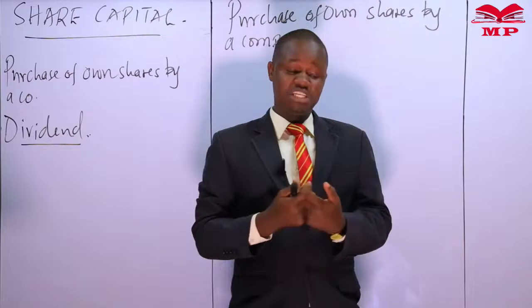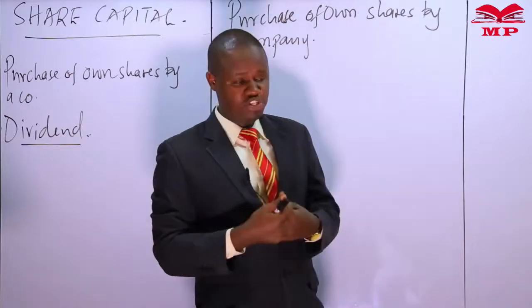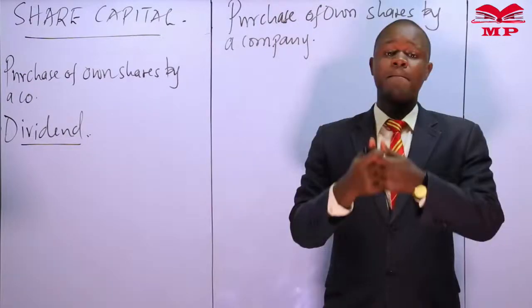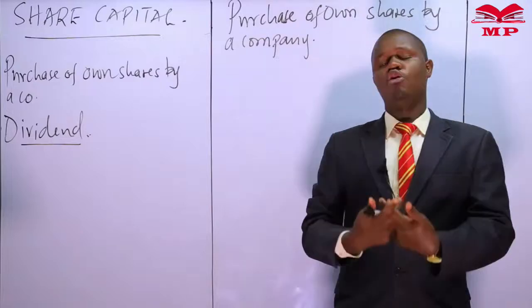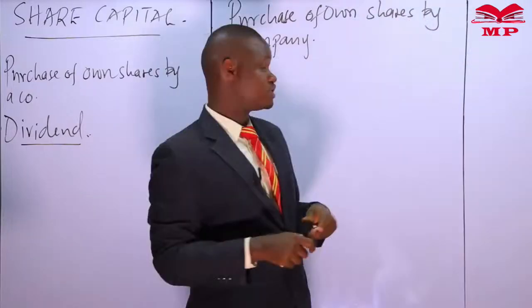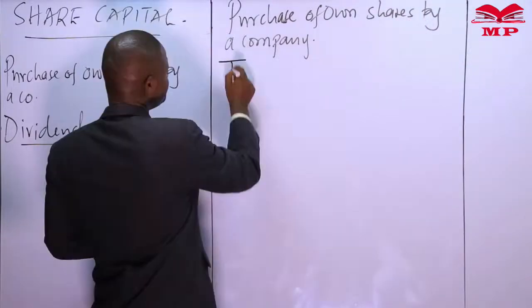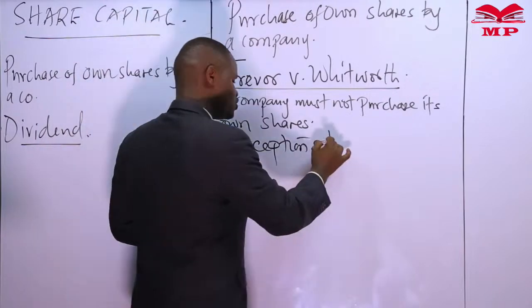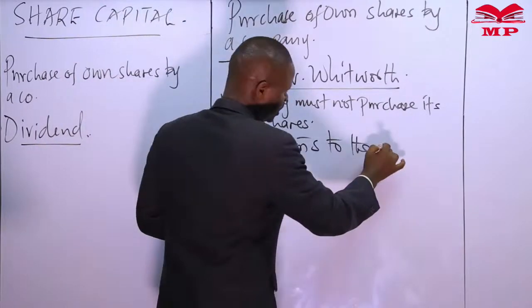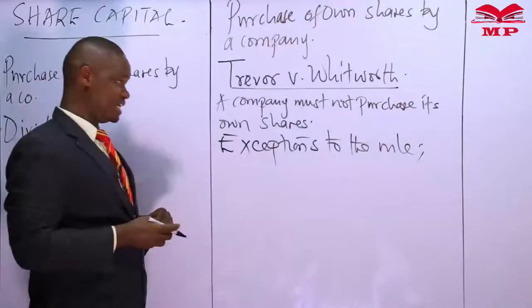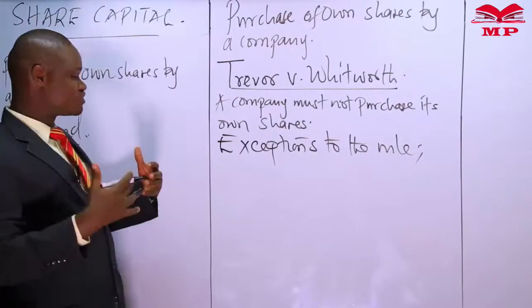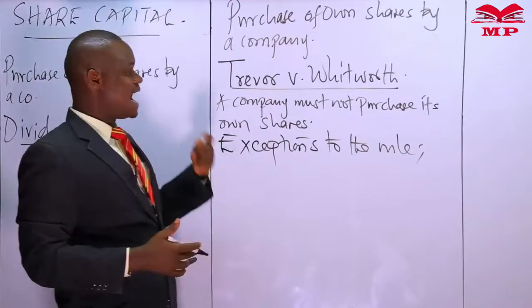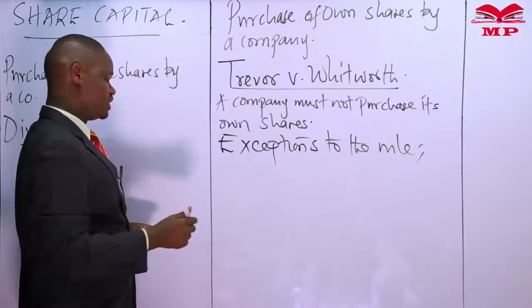Now, we notice that there is a direct prohibition against companies purchasing their own shares or financing the purchase of their own shares. At common law, there are exceptions to the rule in Trevor versus Whitworth. These exceptions introduce us to circumstances where a company may purchase its own shares.